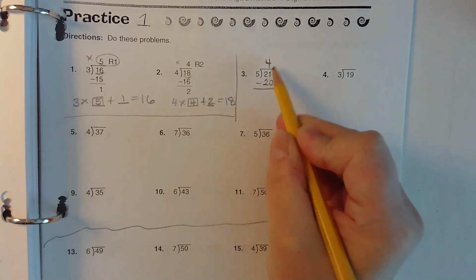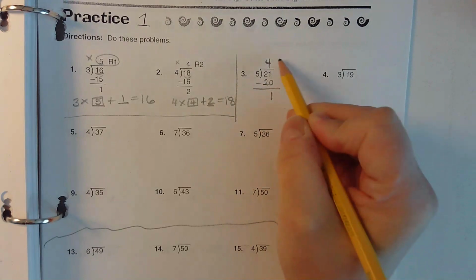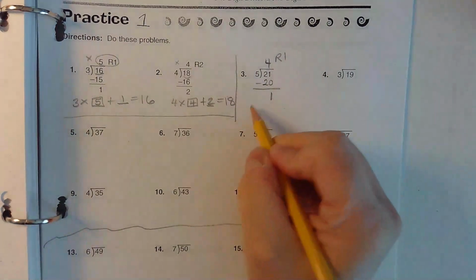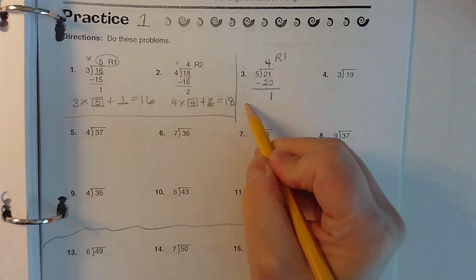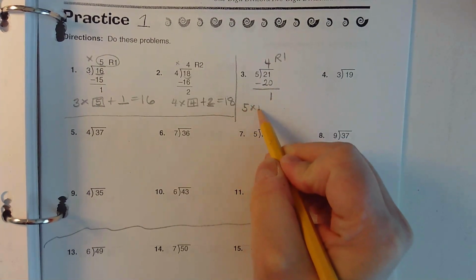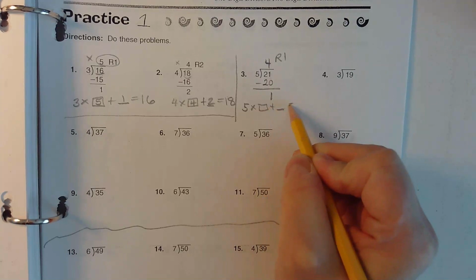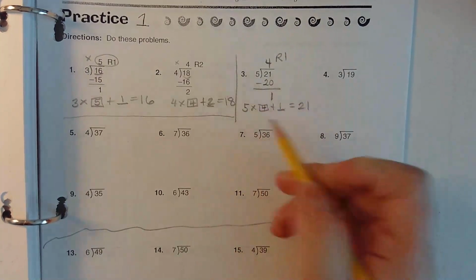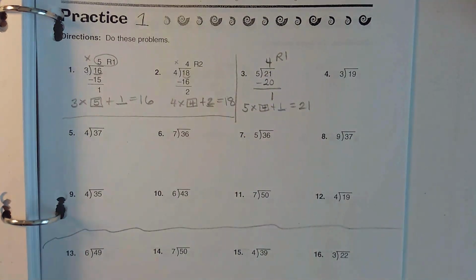I'm going to subtract. We get 1 is equal to 21. So we get 4 with a remainder of 1. Okay, and again, if we're doing it the near facts way, it would be 5 times what number plus what number is equal to 21. And we get 4 and 1, which is the same thing as what we did there.